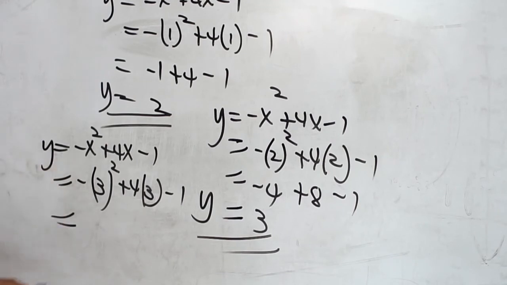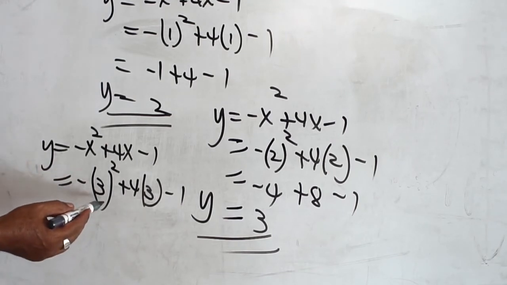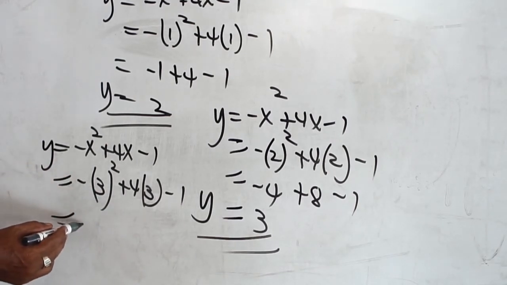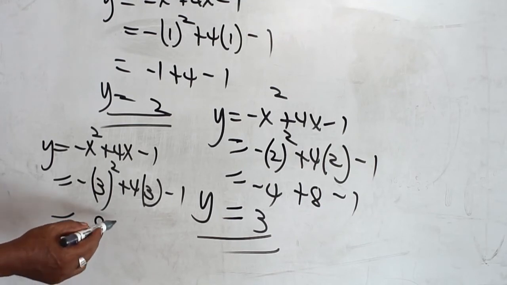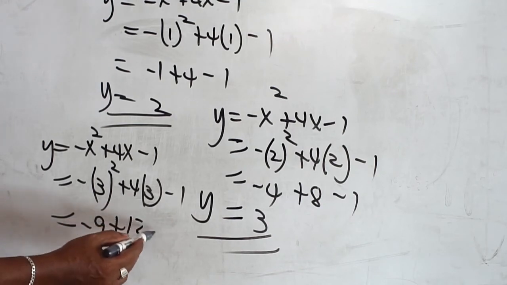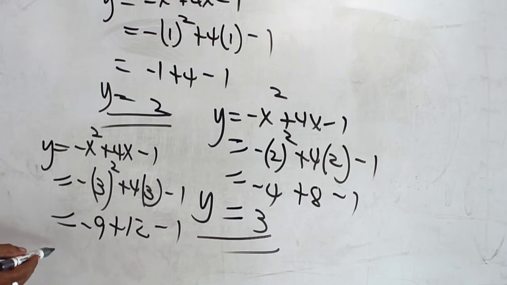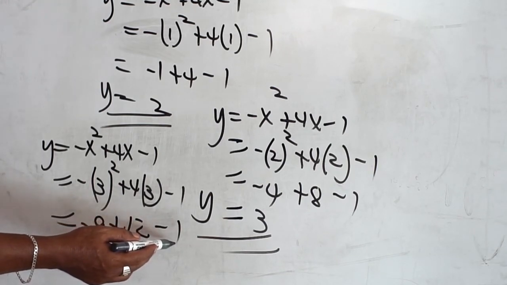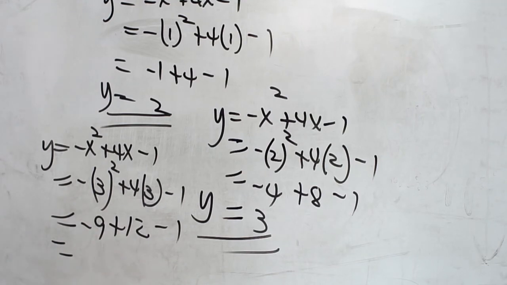The square of 3 is 9, then multiplied by negative, that is negative 9. Then we have positive 12, then negative 1. Then negative 9 plus negative 1 is negative 10. Then negative 10 plus 12, so the value of y is positive 2.